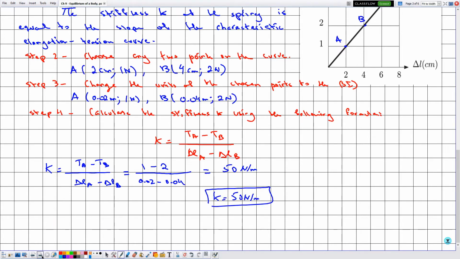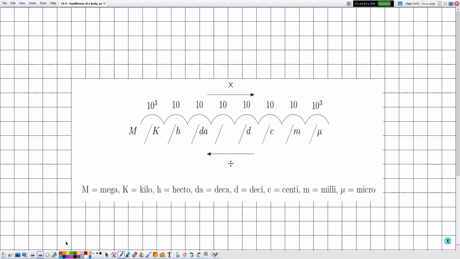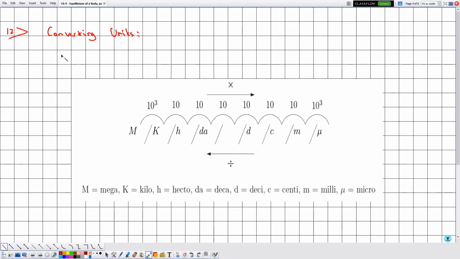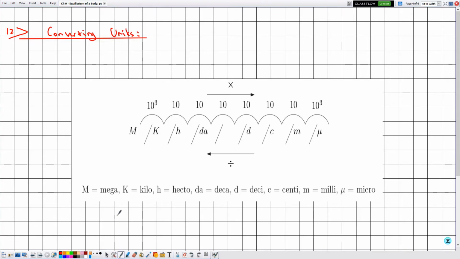And now let's move to the next section, which is related to converting units, section number 12. First, let me state the following note.